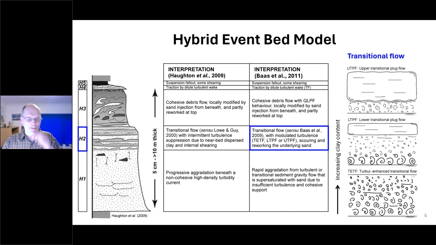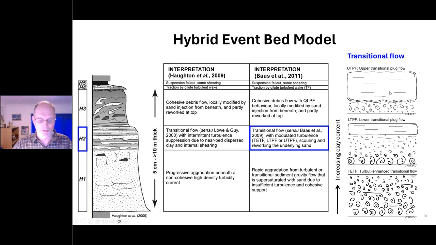It was proposed that H2 can result from three types of transitional flow. Turbulence-enhanced transitional flow, in which a relatively low amount of mud causes strong turbulence in the entire flow. Lower transitional plug flow, with more clay, that causes a rigid plug to develop above a near-bed layer with enhanced turbulence.